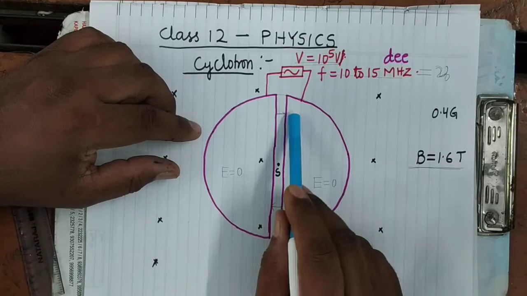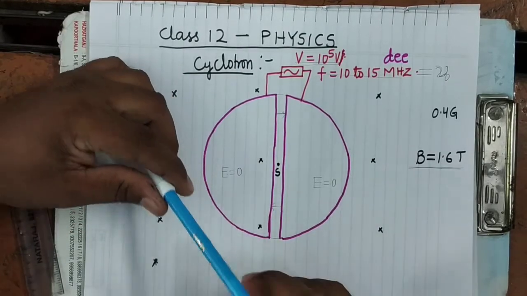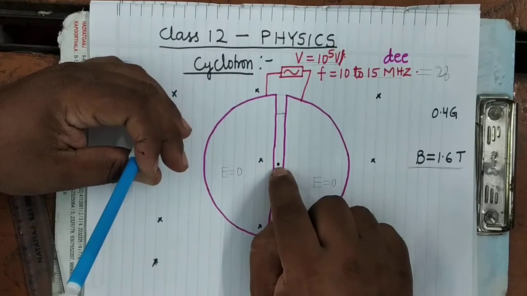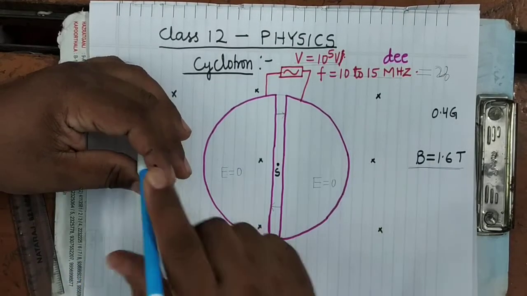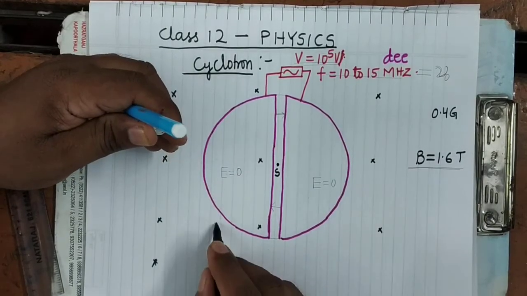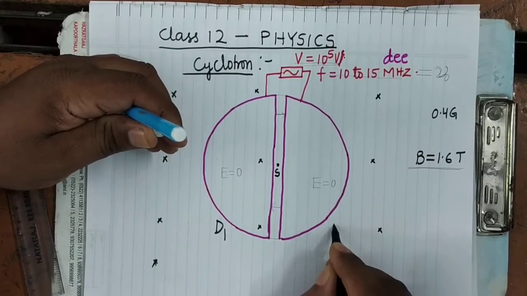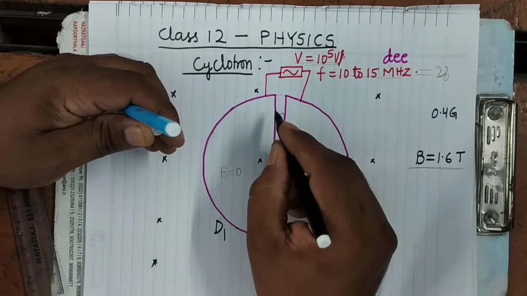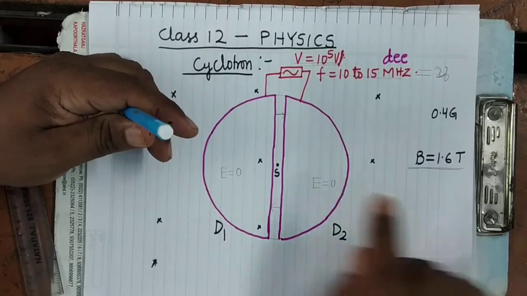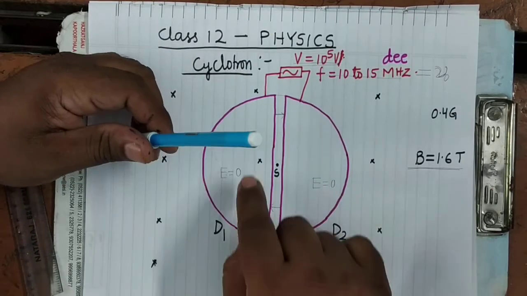Now let at any instant when it emits a positively charged particle, the direction of electric field is in this direction. Here you take D1 and this you take D2. That is directed from D1 to D2. Because of this electric field, what will happen?